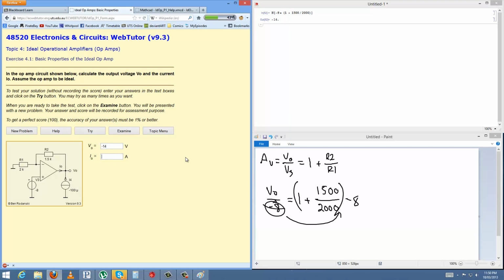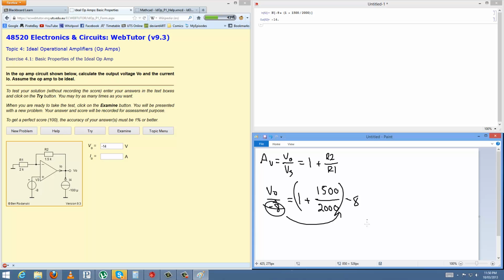And for the current, you just do nodal again, using our new VO. We've got IO going in, we also have I4 going in, and from here VO goes to ground and passes both R2 and R1. So in order to do that, we have VO on R2 plus R1 all equals 0. Bring IO to the other side, nice and easy.